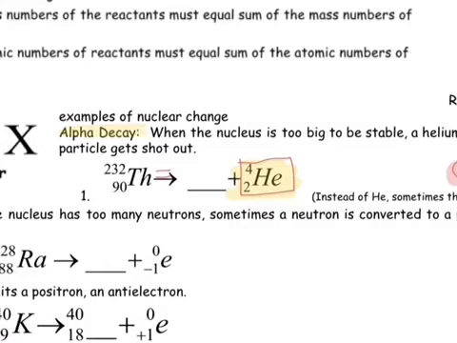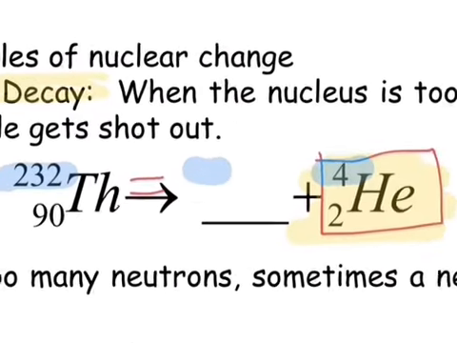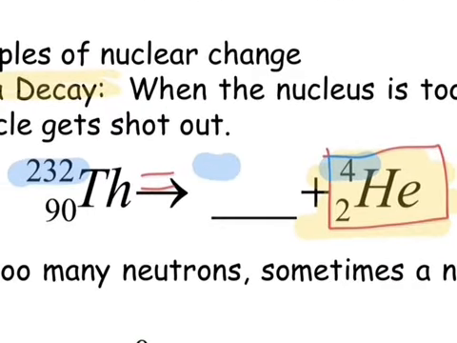So if I look at 232, the mass number, remember, something plus 4 has to equal 232. Well, I know simple math here, that's got to be 228.